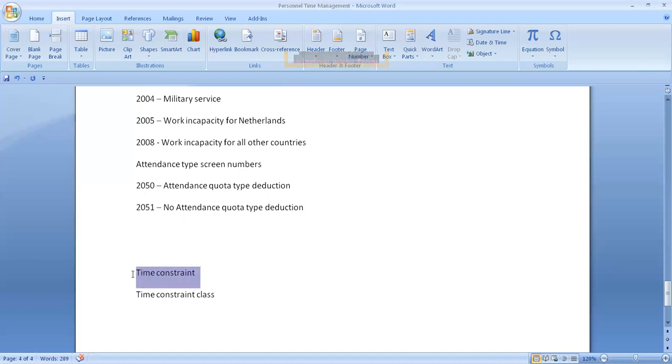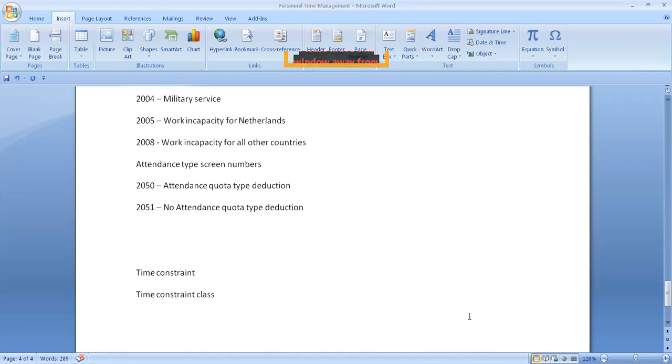You know about a time constraint. We have worked in PAOM. All the data in SAP is maintained with the particular relevant records.